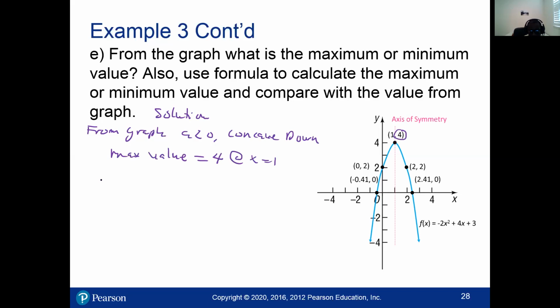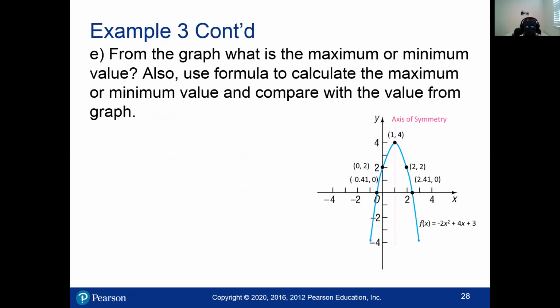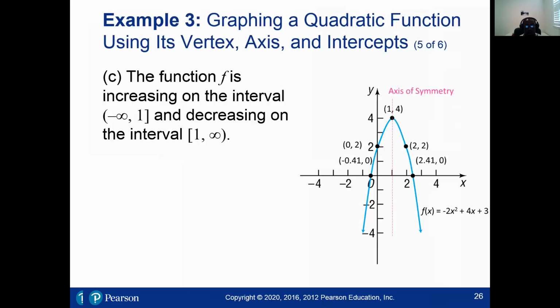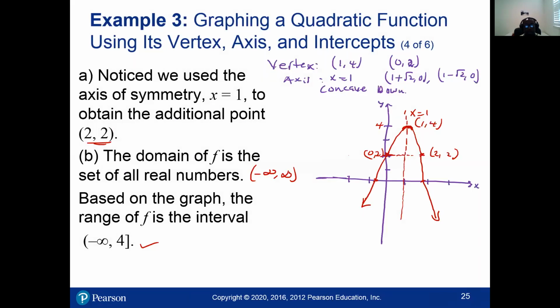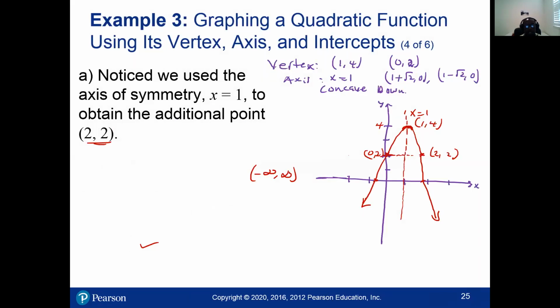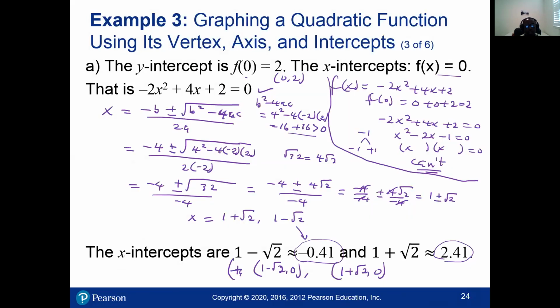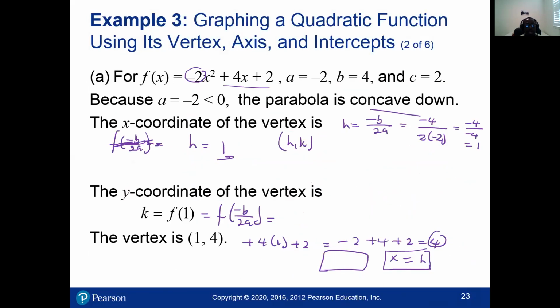Now, what is the function again? The function f of x is minus 2x squared plus 4x plus 2. Let me go back and check, because I think there was a typo there. Yes, it was plus 2.